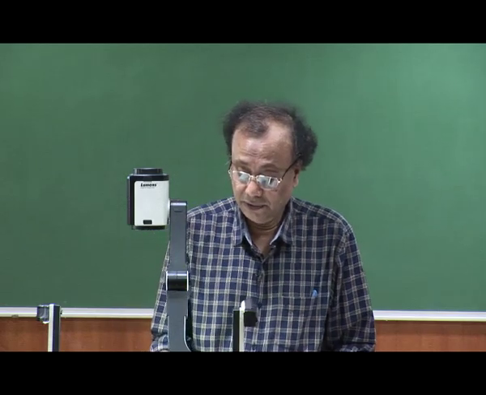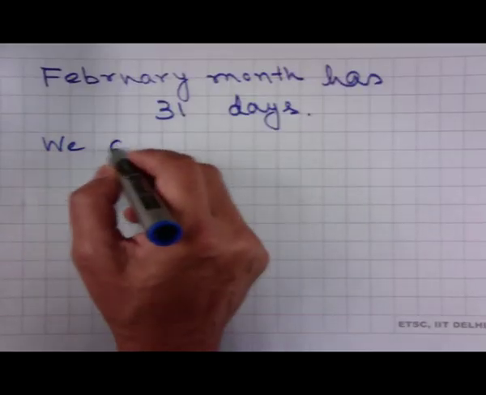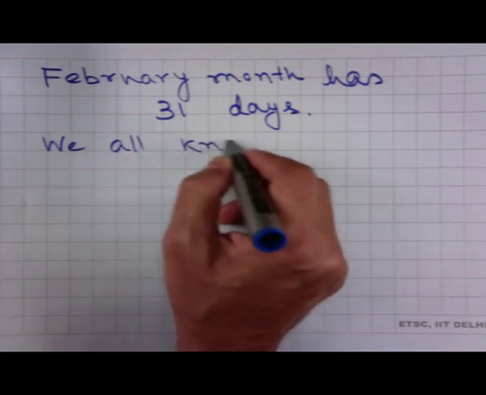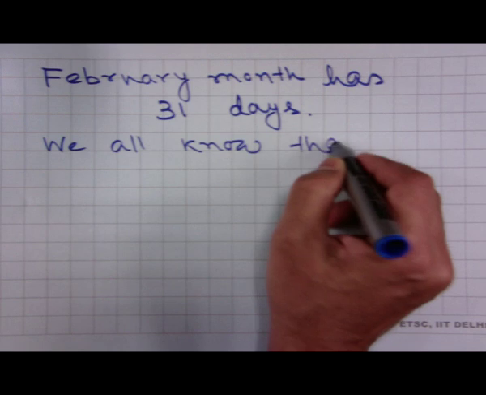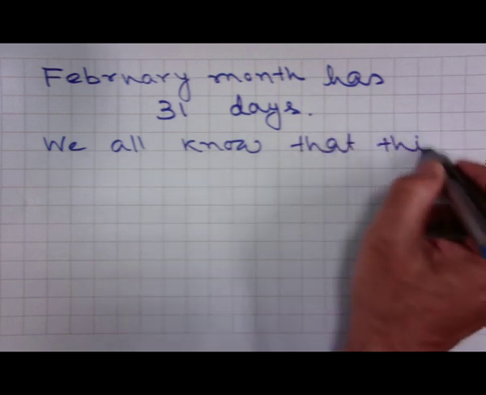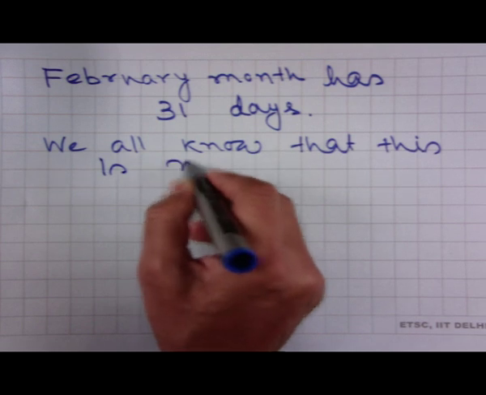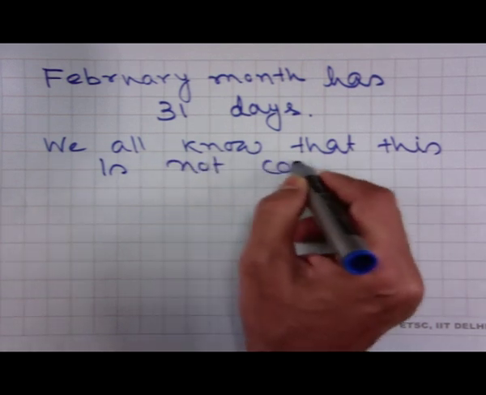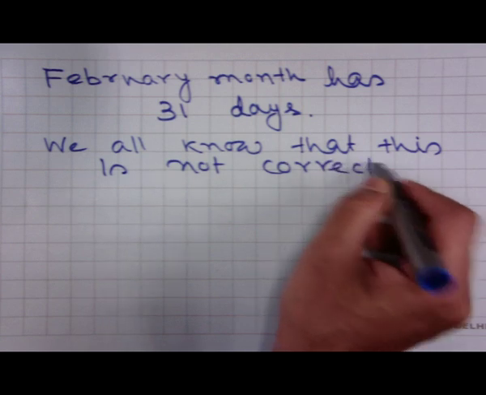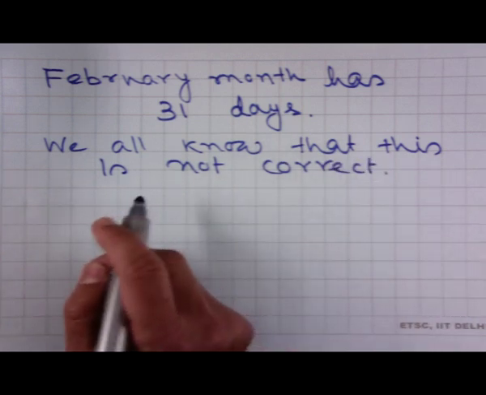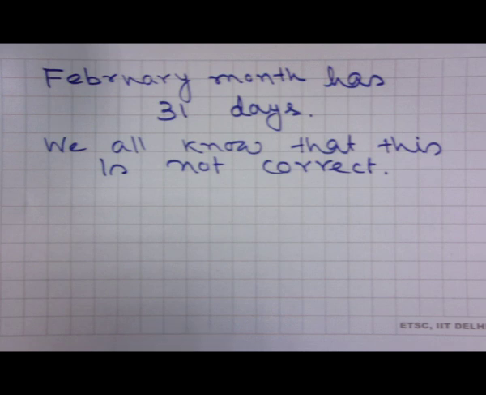We all know that this is not correct, because February has 28 days in general and 29 days if it is a leap year.